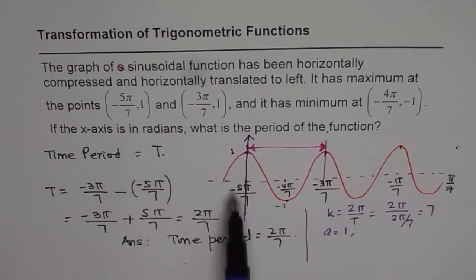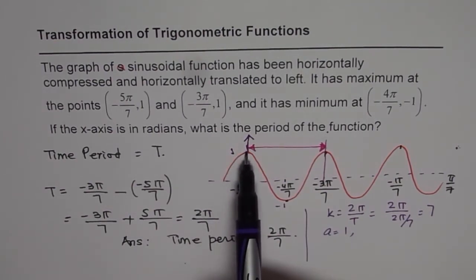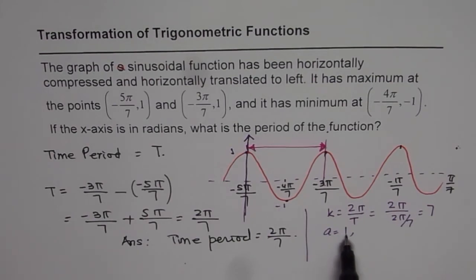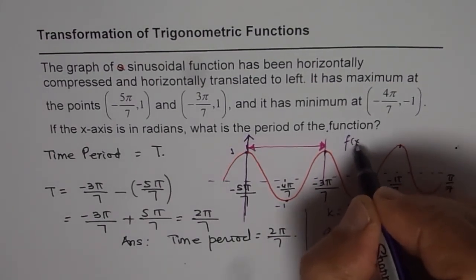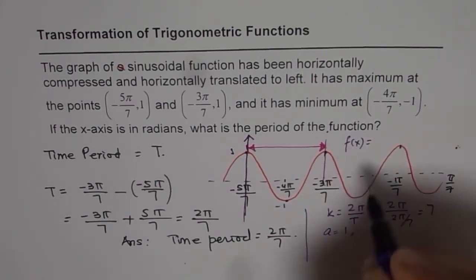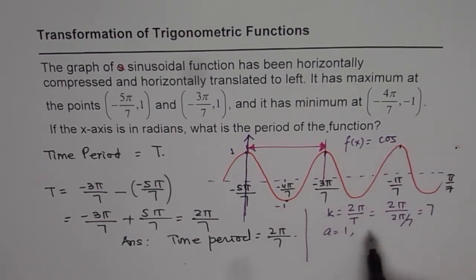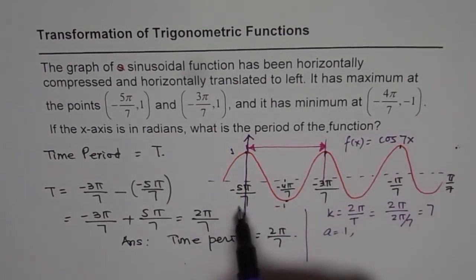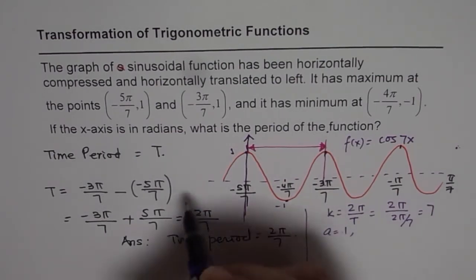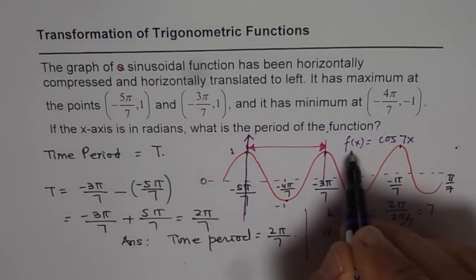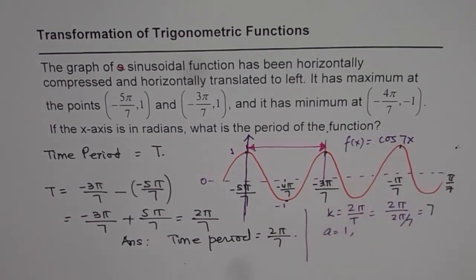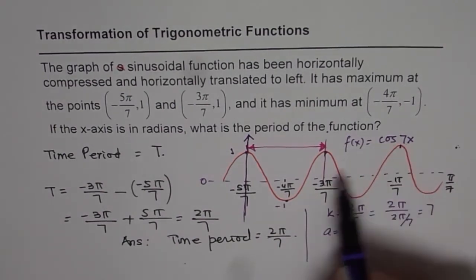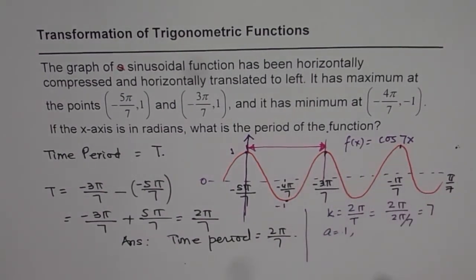Perfect. So you could write this function starting from here also. A value will be 1, so we'll say f of x equals 1 cos of, the time period is given to you, so k value is 7, so 7x. The axis of symmetry is at 0, so f of x equals cos of 7x will become your equation for this particular function.